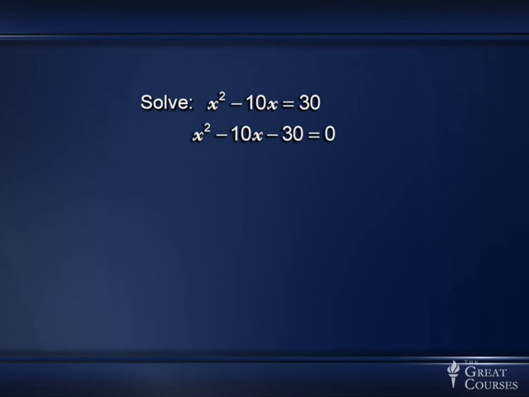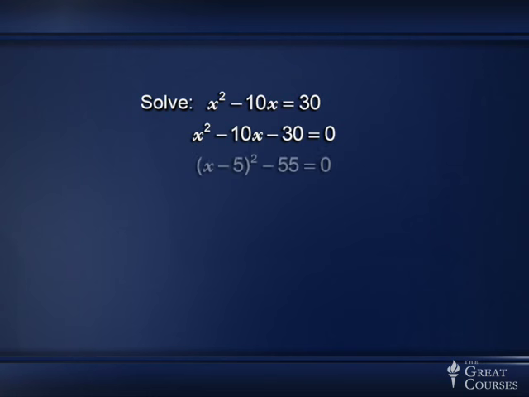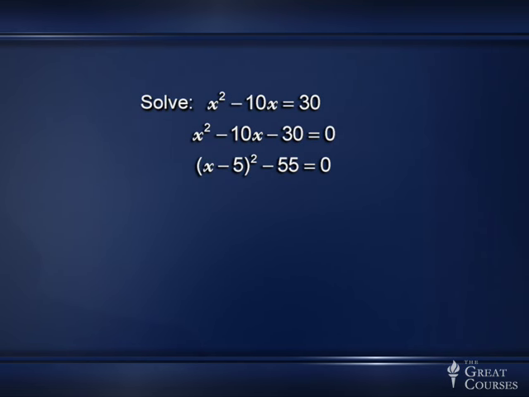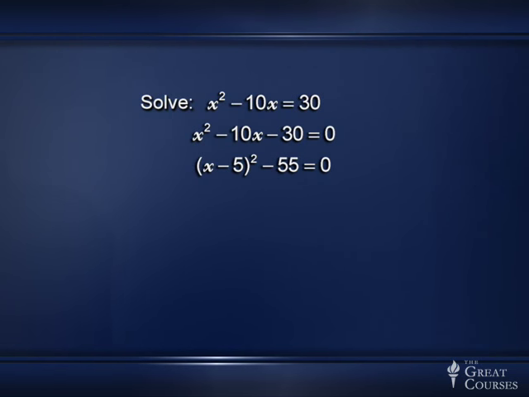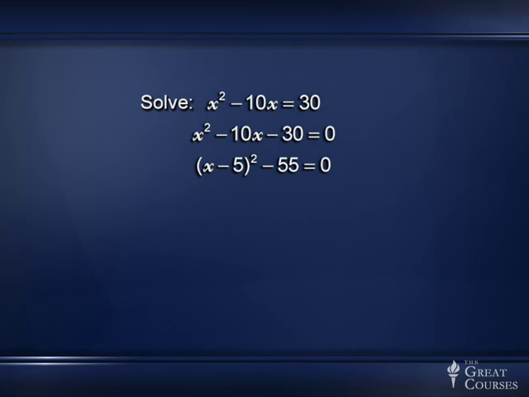Well, wait a minute. You and I just looked at x squared minus 10x minus 30, and we realized that that could be rewritten as x minus 5 squared minus 55. That means that our equation can be rewritten this way. x minus 5 squared minus 55 equals 0.